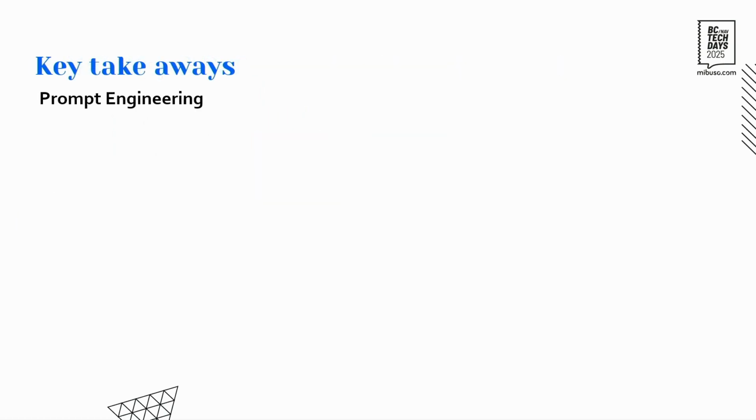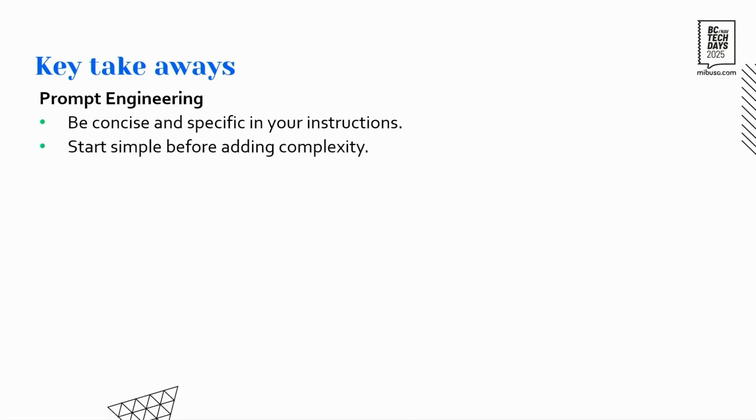So some key takeaways regarding prompt engineering. Always be concise and precise in your instructions. Start simple before you add complexity. Like what Qasim had mentioned, using Azure AI Foundry is a good start, but you will always want to refine it to make it as concise as possible.